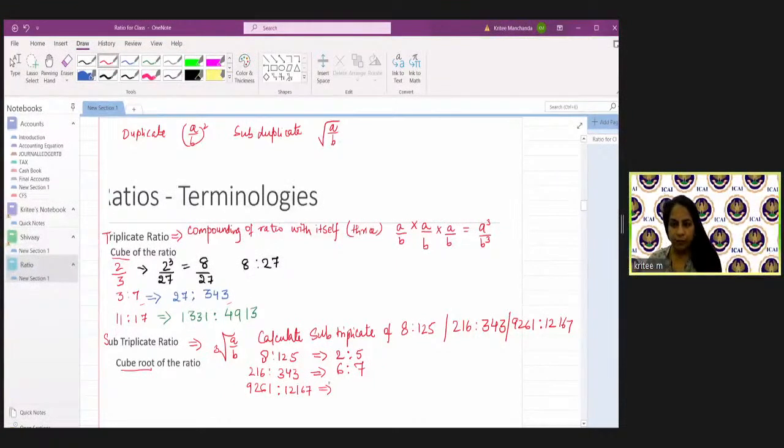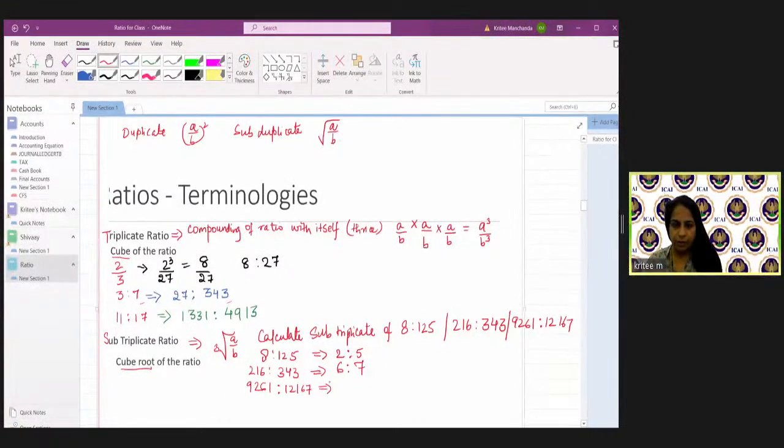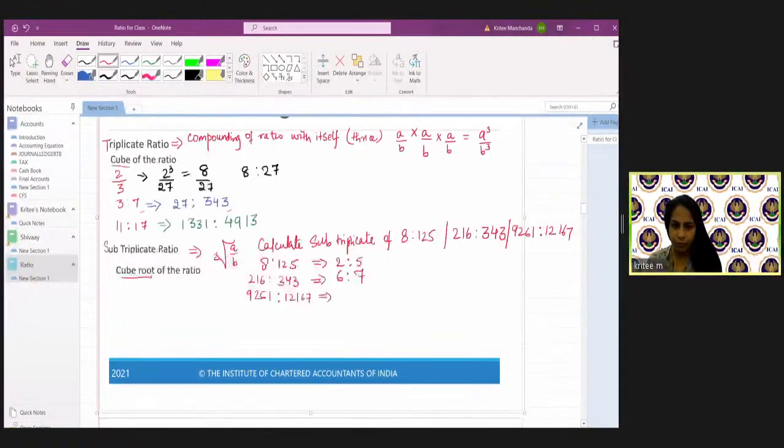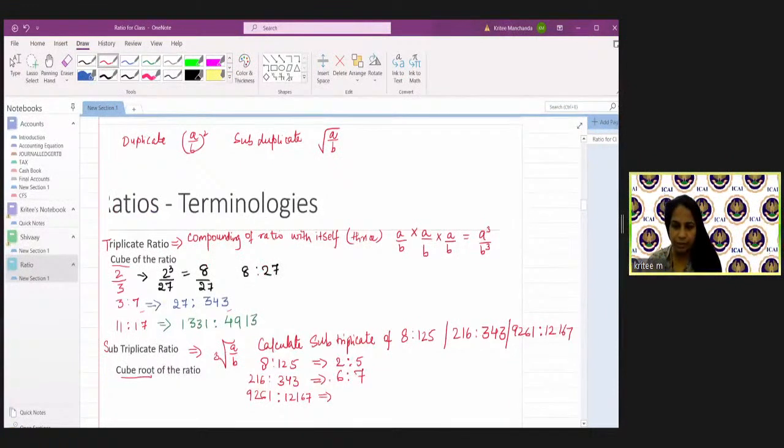But again, before going further, I would like to suggest you something regarding cube root, how you can save your time in your exam also.